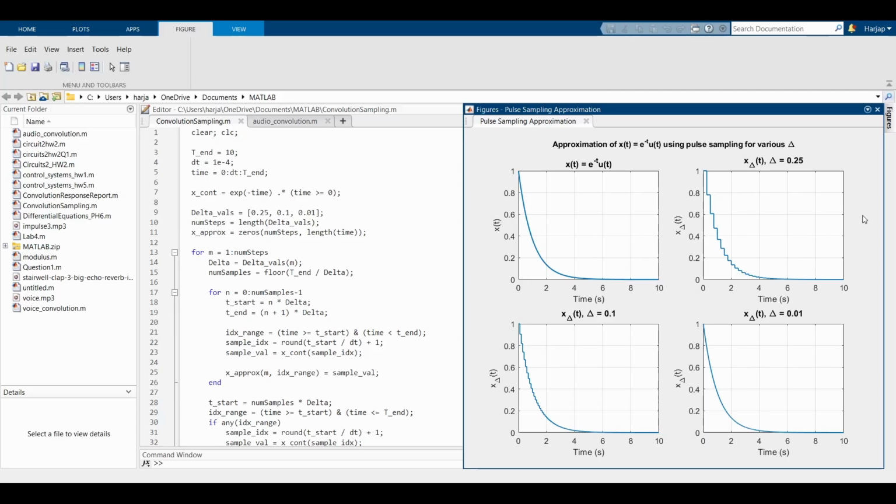As delta becomes smaller, the approximation x delta of t looks smoother and more continuous, eventually almost converging to the true signal. You can see here that for large delta, the signal looks coarse, and as delta approaches zero, it becomes quite an accurate representation of x of t.